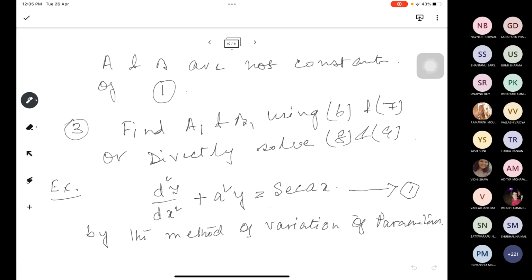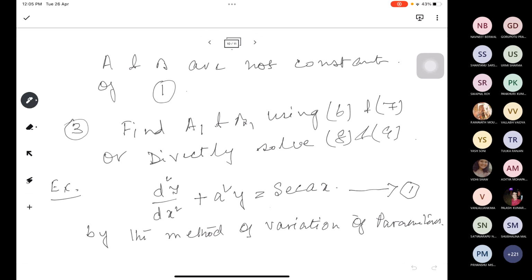Here in this equation 1, d2y dx2 plus p dy dx plus qy is equal to r.